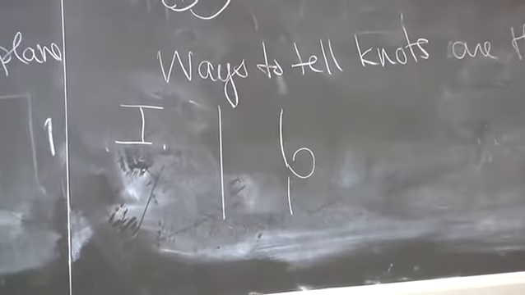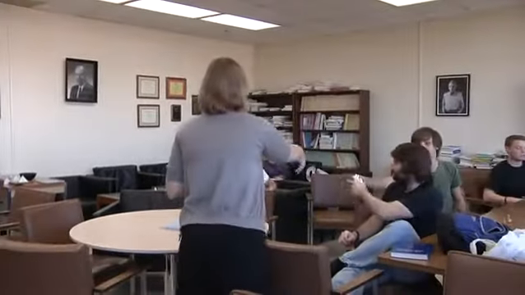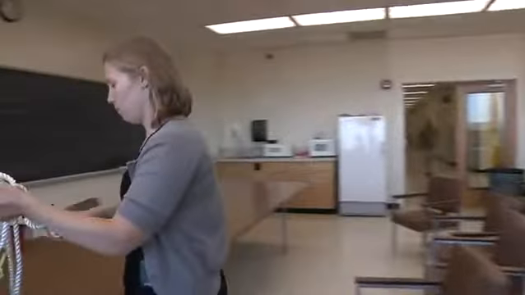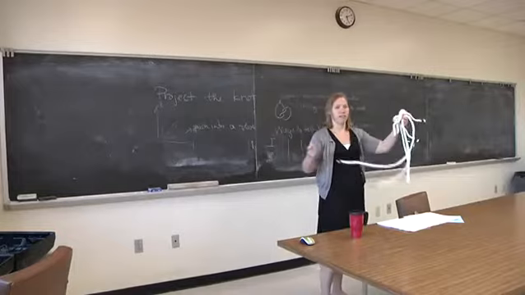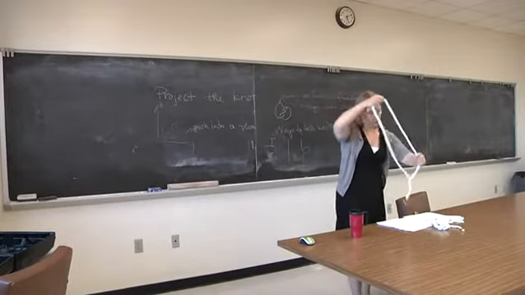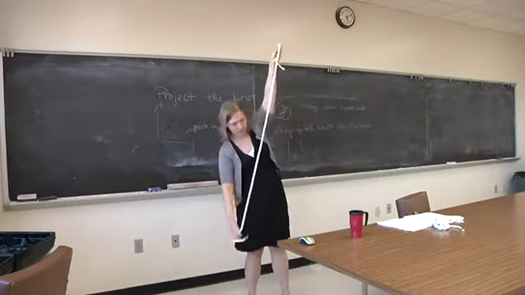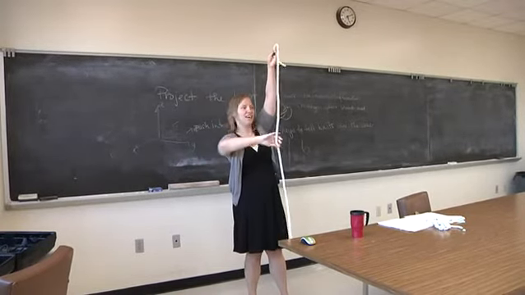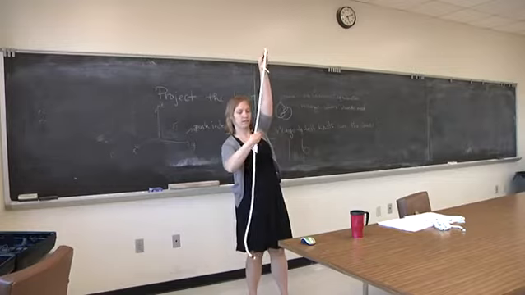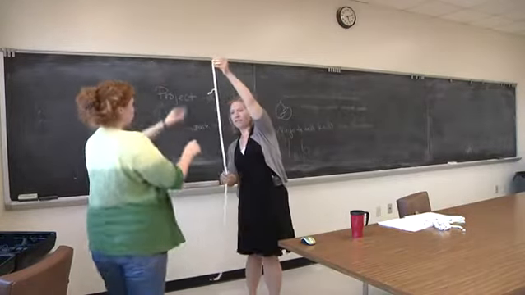I need 3 ropes, thank you. Okay. And 1 other person. So if I could have 1 person come here. So this is a Reidemeister 1. Yeah, come. So hold this for me.